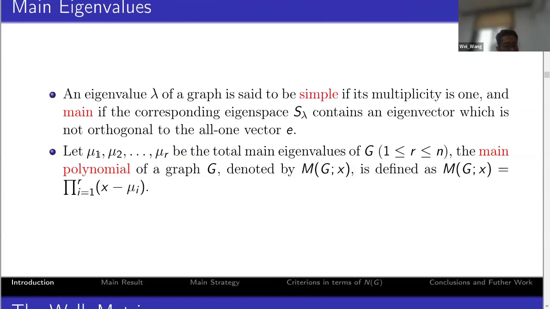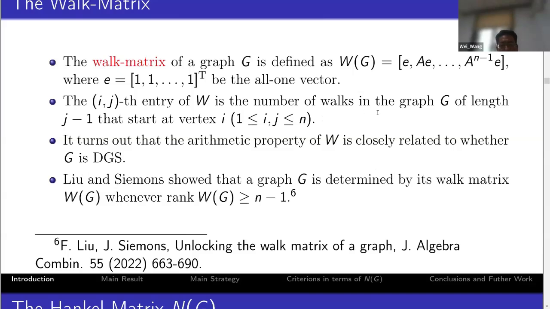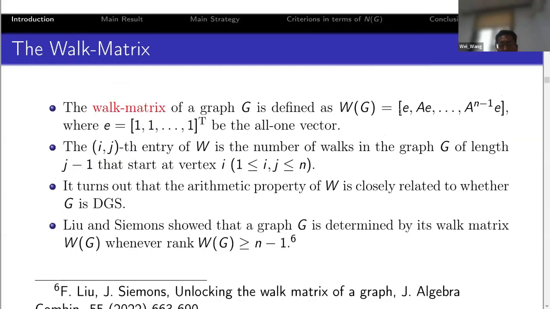We let mu_1, mu_2, up to mu_r be the main eigenvalues of graph G. Then the main polynomial of the graph G is defined in this way. The walk matrix of graph G is defined as W_G. The first column is the all-ones vector, the second is A times e, and so on, where e is the all-ones vector.